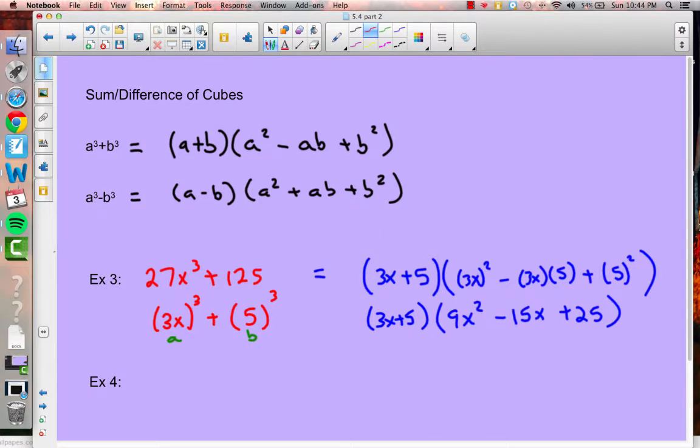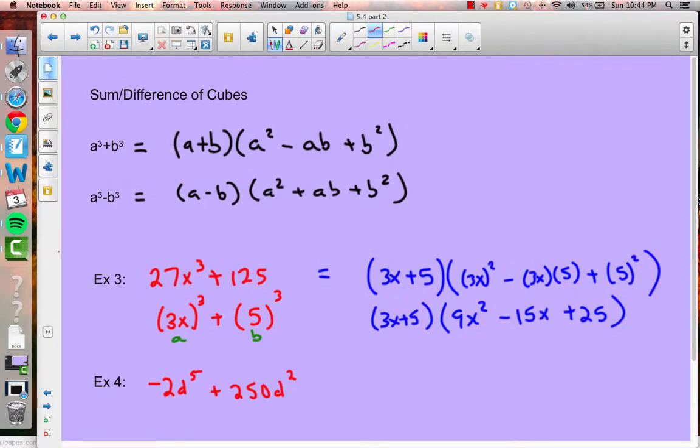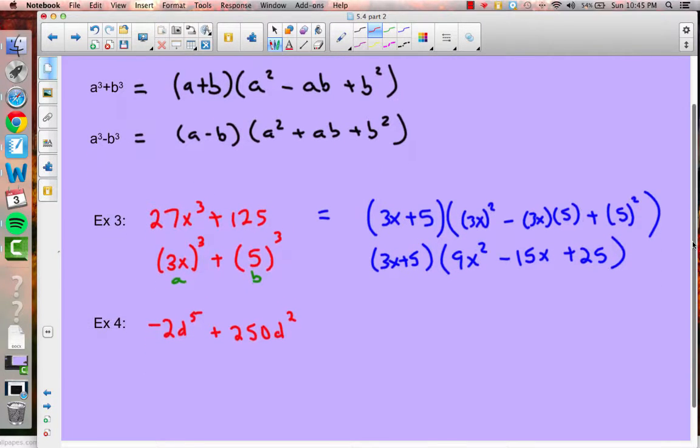So now let's take a look at our next example. Let's try negative 2d to the 5th plus 250d squared. So this one, you don't even see a cube at all in the equation, but we have a greatest common factor. So what can we take out of both?